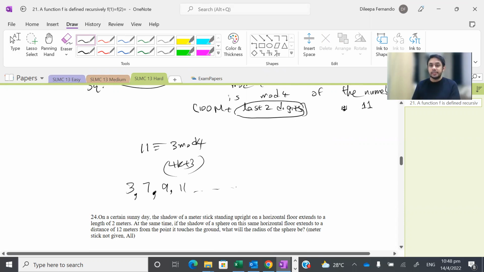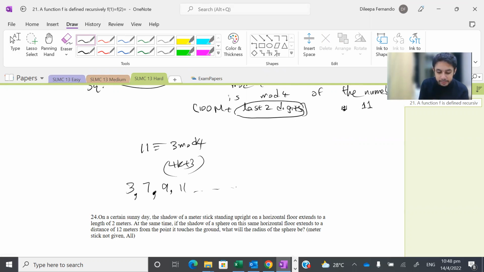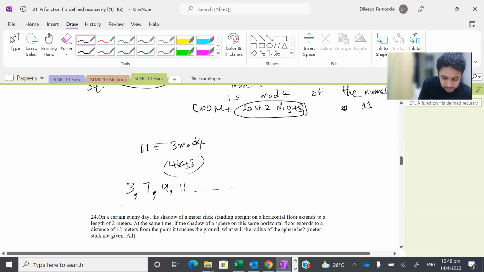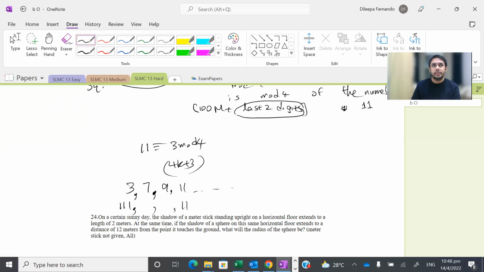If you check just some values, you always see that there is a multiple. For example, for 3, 111 is a multiple of 3. And for 9 you can easily find one, and for 11 you have one, and 7 also.